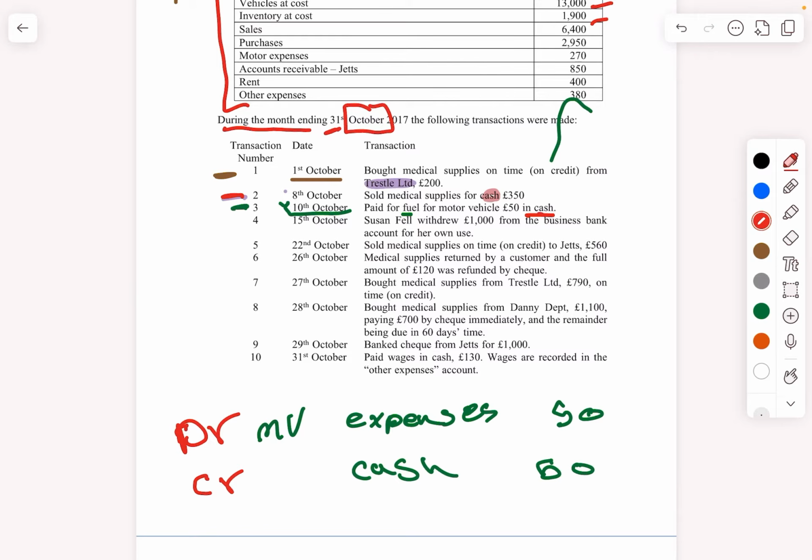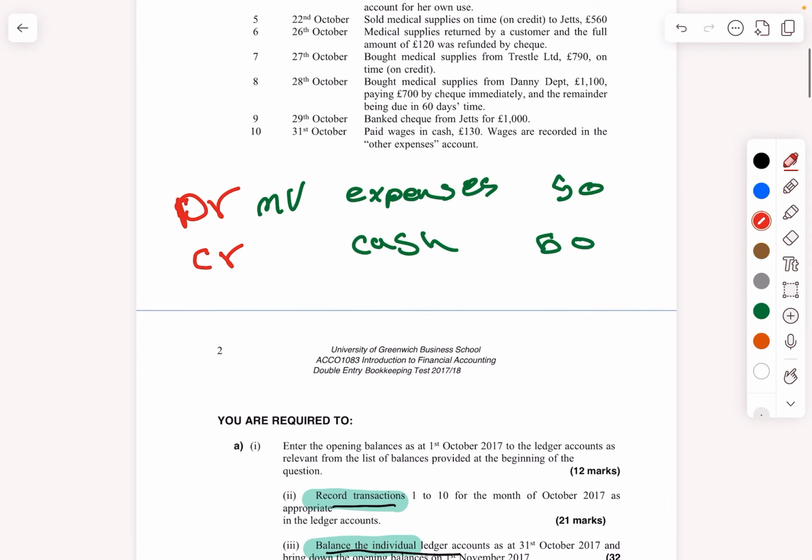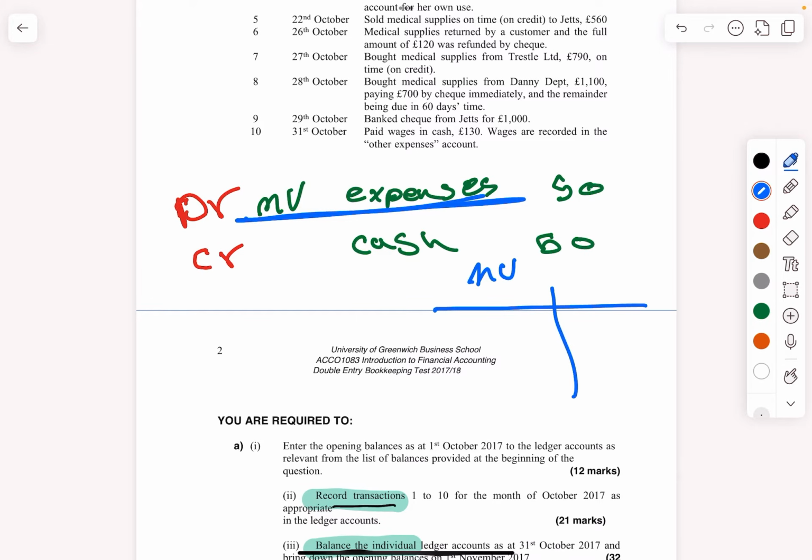Now we can open the T account. Already we have it, but I'm just repeating the process so you know what to put. Under motor vehicle expenses, we're going to debit the £50. Is it clear, guys?